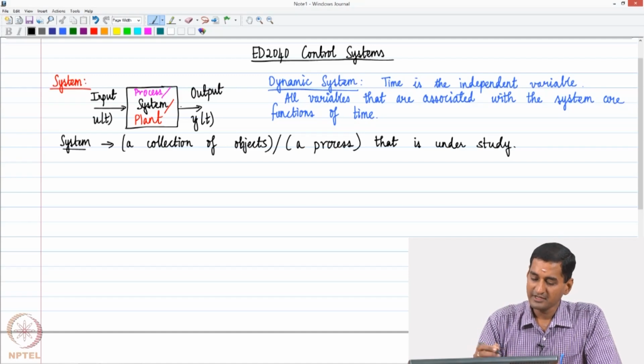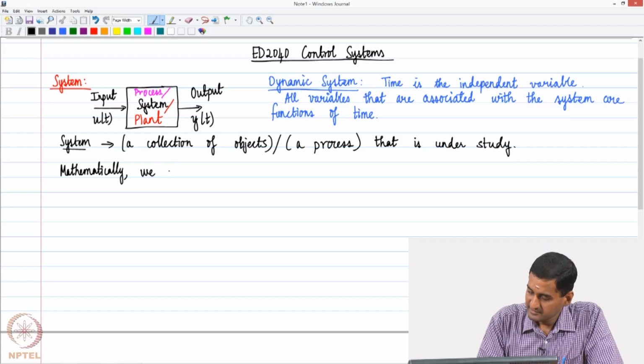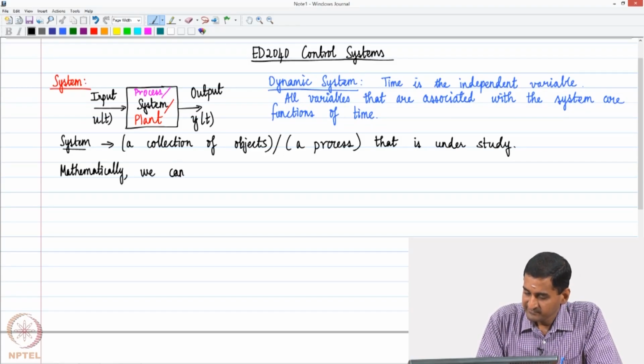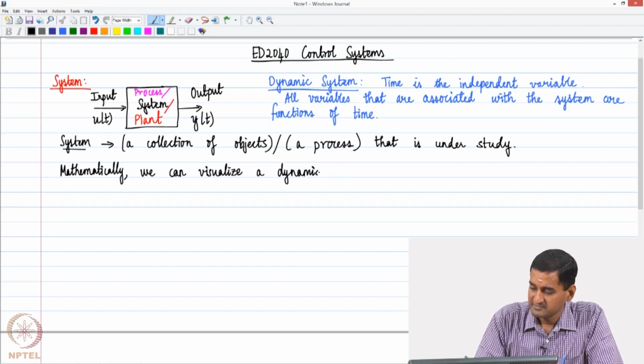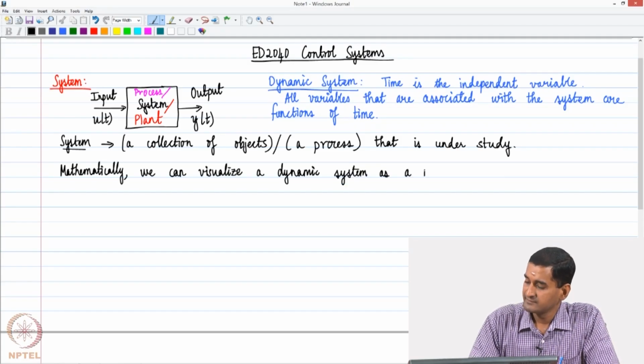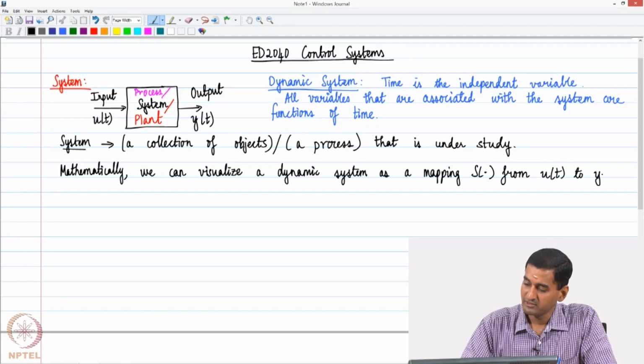So before we get into that, we would see that mathematically we can visualize a dynamic system as a mapping S from u of t to y of t.